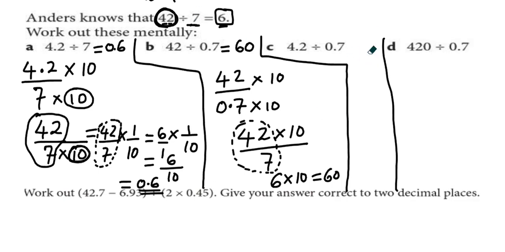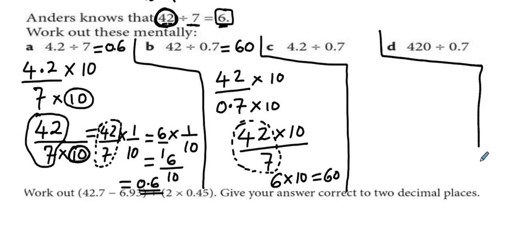Okay, let me do part C. Yes, part C. Okay. 4.2 divided by 0.7. Set that as a fraction. 4.2 divided by 0.7. Okay, take out the decimal place. So times 10.